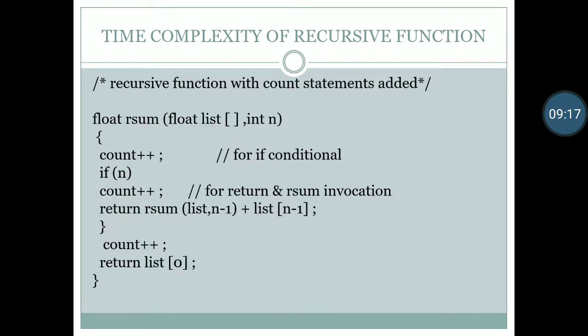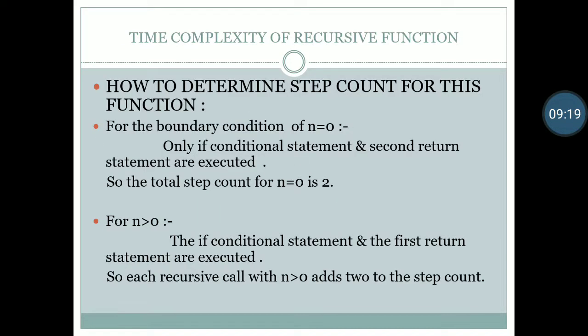How do we determine the step count for this function? For the boundary condition n equal to 0, only the if conditional statement and the return statement are executed, so the step count for n equal to 0 is 2.